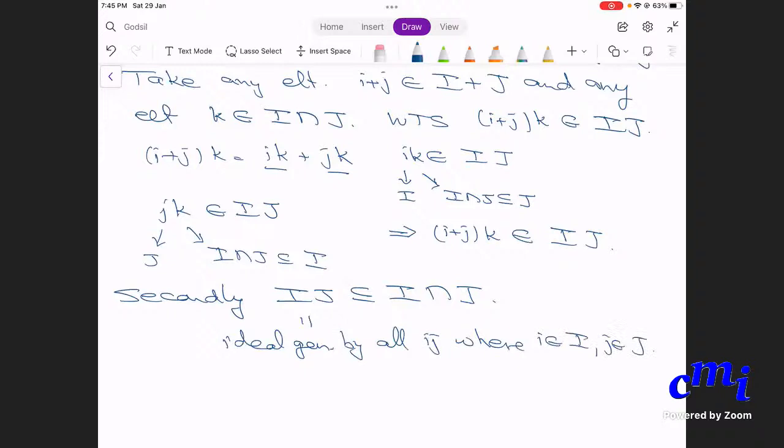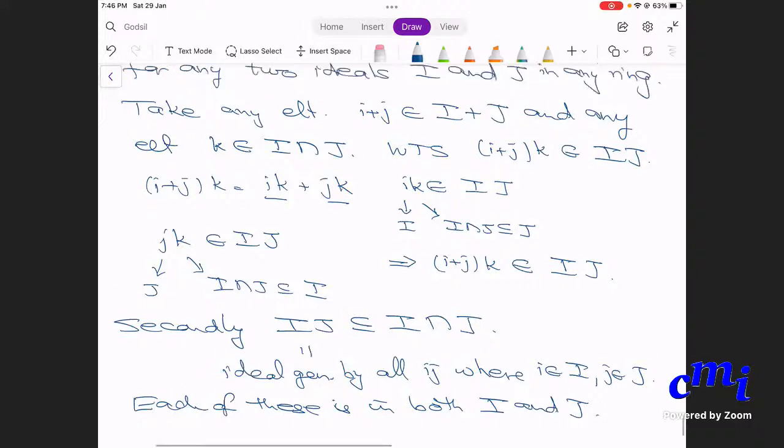But each of these generators belongs both to I and to J. Because it's the product of an element of I with something, it's in I. Because it's the product of an element of J with something, it belongs to J. So each of these is in both I and J. So IJ is contained in I ∩ J.